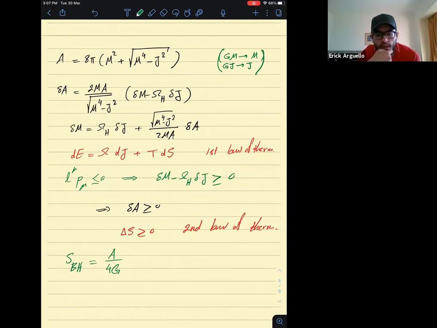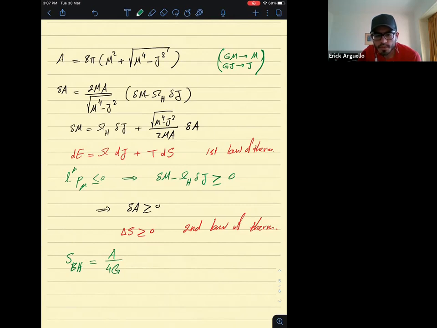Yes, one question. You said that from the analogy and the similarity of these two equations with the first and the second law of thermodynamics, we associate the entropy with this variation of area.